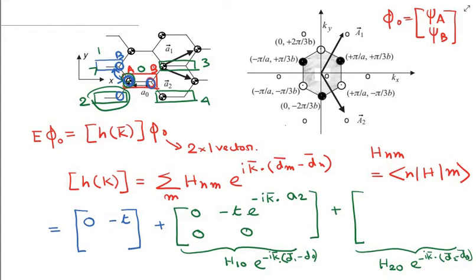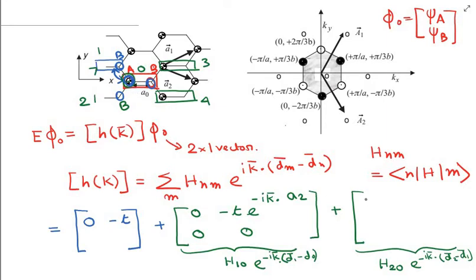Okay, so this unit cell is coupled to this over here, and here atom A is basically coupled to atom B.